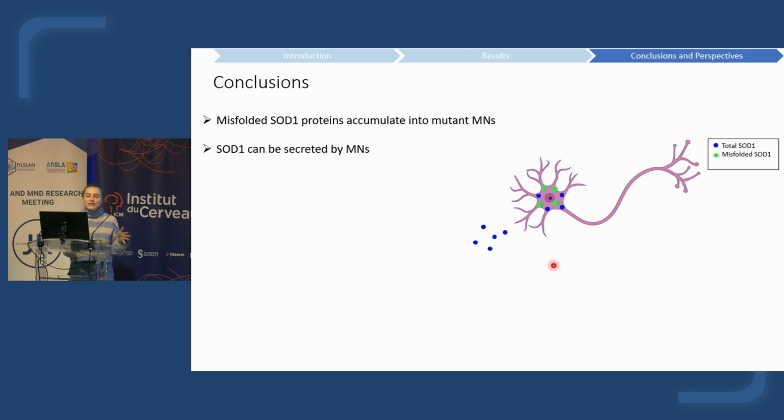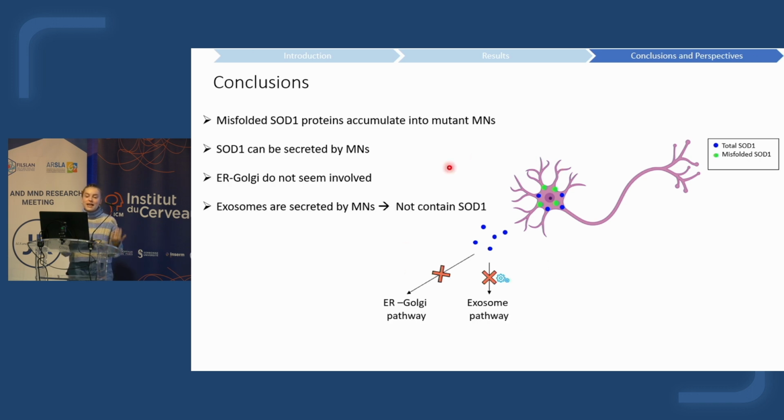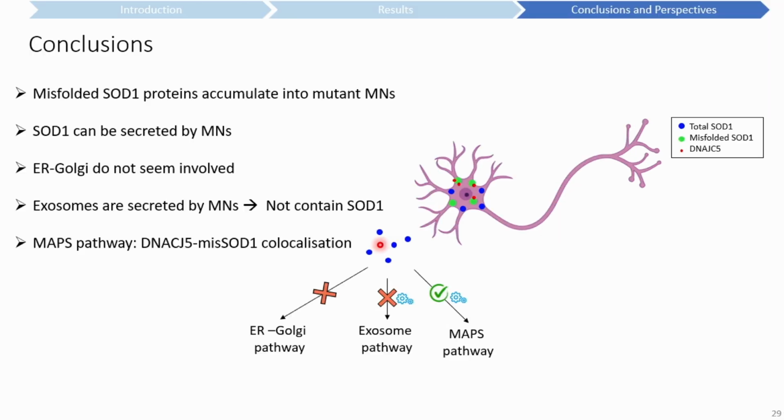To conclude briefly, we showed that misfolded SOD1 can accumulate in mutant motor neurons. We showed that SOD1 can be secreted by motor neurons. I didn't have time to show you, but we showed that the ER-Golgi pathway might not be involved in this secretion. Concerning the exosome pathway, the results are not that clear for the moment, but we're still looking into it. But the MAPS pathway might be involved because we found DNHC5 and misfolded SOD1 colocalization.